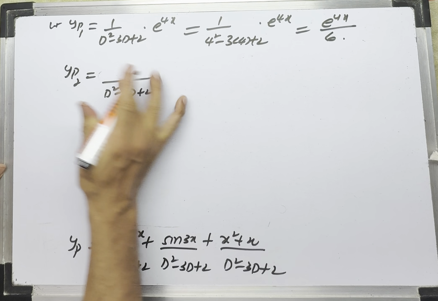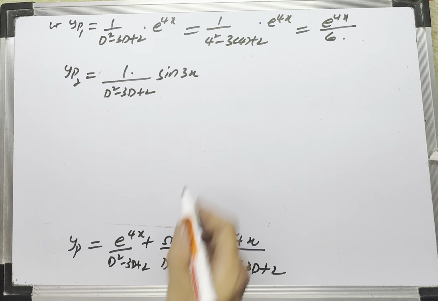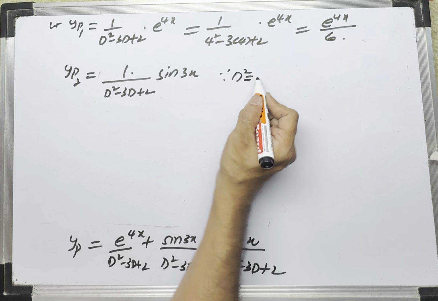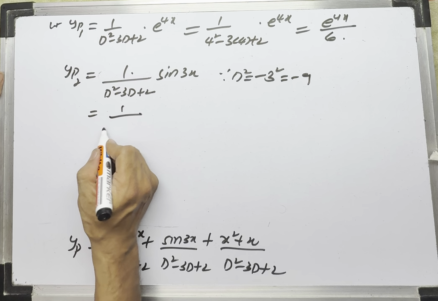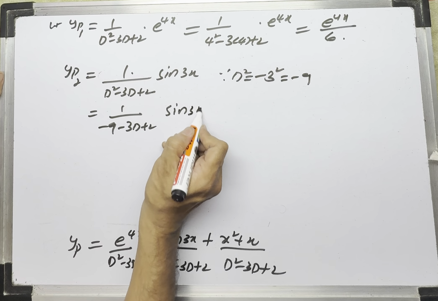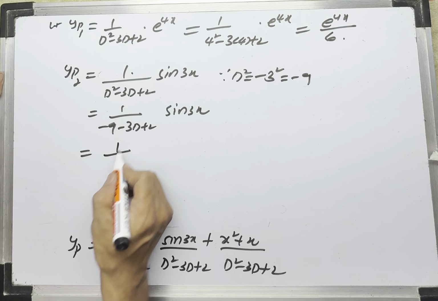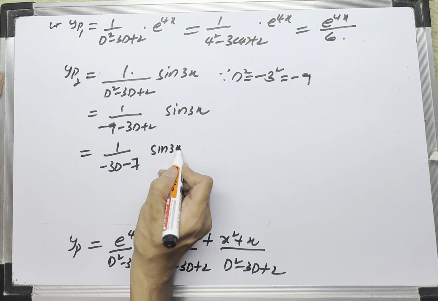So we can write this as 1 by, and we'll write sin 3x here. We know that D square equals minus a square, so minus 9. In place of D square we will take minus 9, minus 3D plus 2, sin 3x. So this will be 1 by minus 3D minus 7 sin 3x.